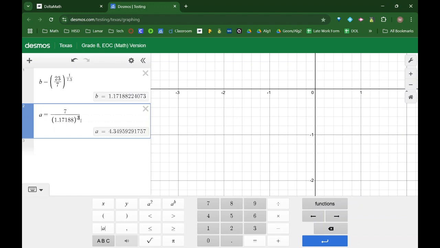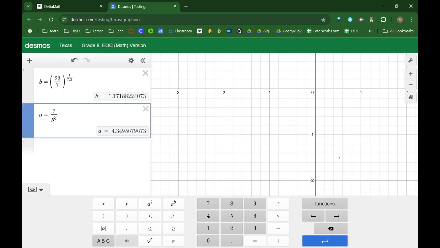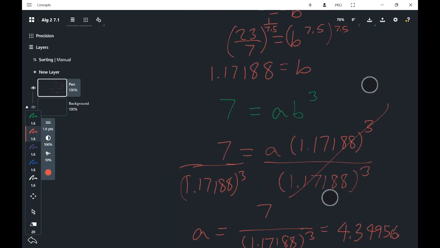And it'll give us a similar answer. The more accurate way to do this is actually by plugging in the variables like this. So we have our a, we have our b. A is 4.34956. Okay, cool. So we did all this work, found the a and the b.